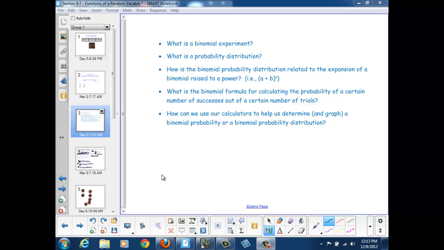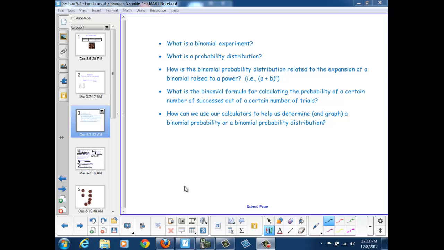So let's recap. What is a binomial experiment? Well, a binomial experiment is an experiment with a repeated number of trials that have 2 possible outcomes. What is a probability distribution? Well, a probability distribution is a table or a graph of the probability of all the mutually exclusive outcomes to an experiment.